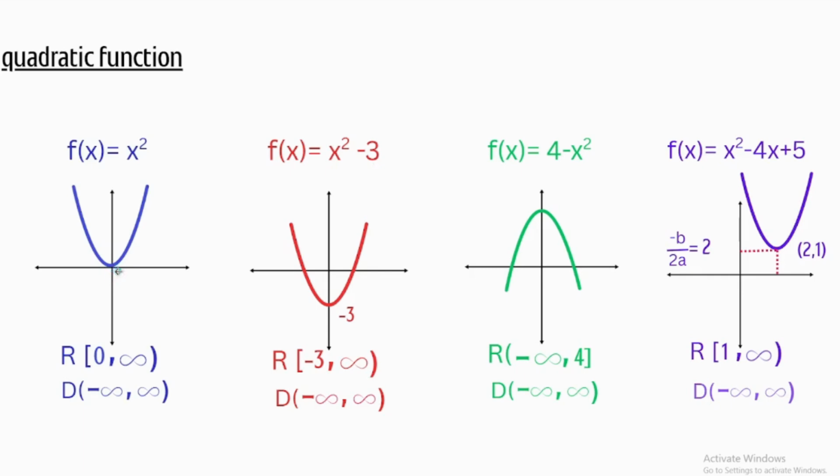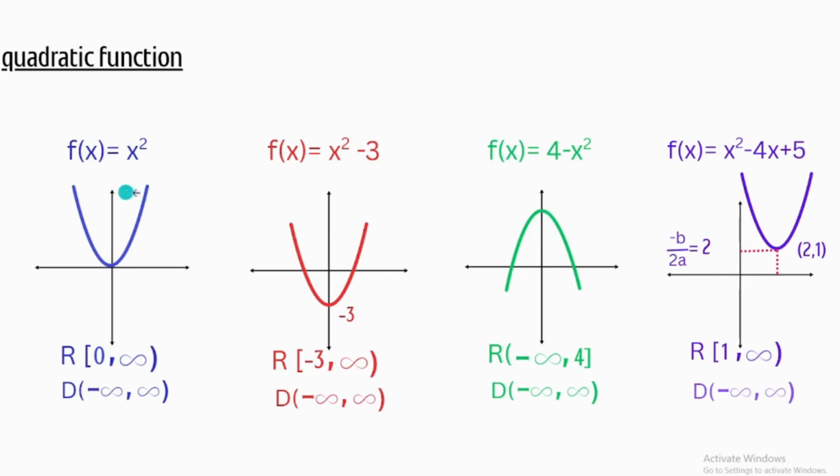There is always a vertex in a quadratic. When the parabola opens upwards, the vertex is a minimum, and we start from here to positive infinity. If it is looking downward, this point will be a maximum point, so the range goes from minus infinity to this maximum point.